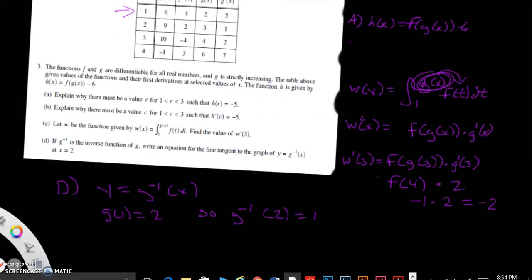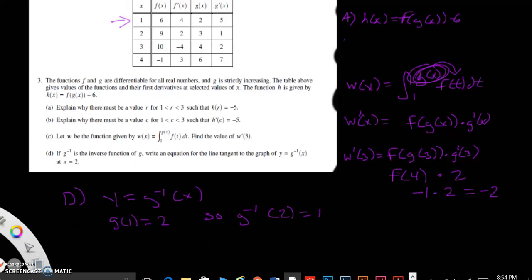If we take the derivative, we're going to have to use a formula. So the derivative of g inverse at 2 is going to equal 1 over g prime of g inverse of 2, and this is a composite. Now we have to look at our table and see what g prime of 1 is.